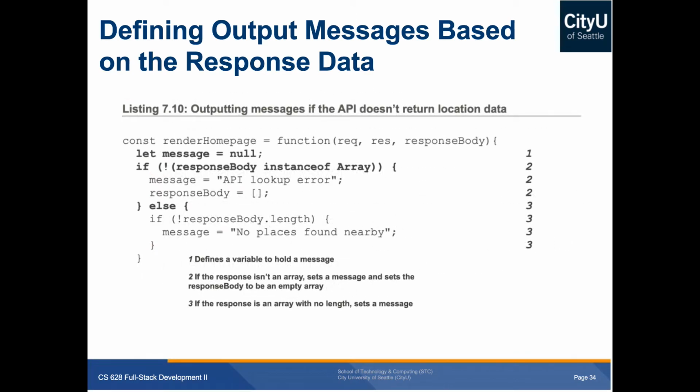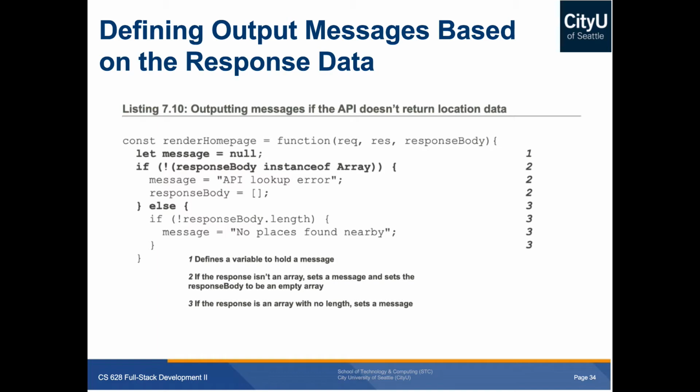Okay, we now improve our render homepage function. So let's first have a message variable with a null value. If the response body is not an instance of Array, because of this exclamation point, then we can add a string called API lookup error, right?